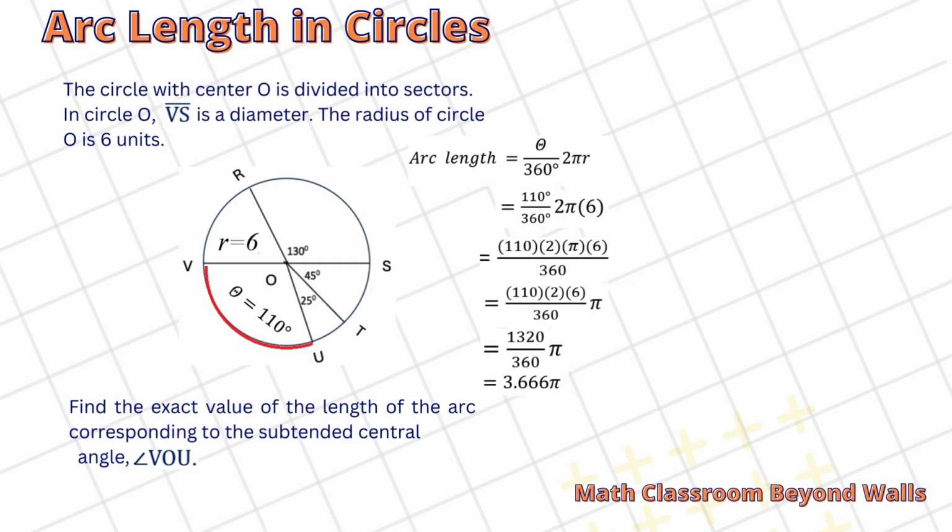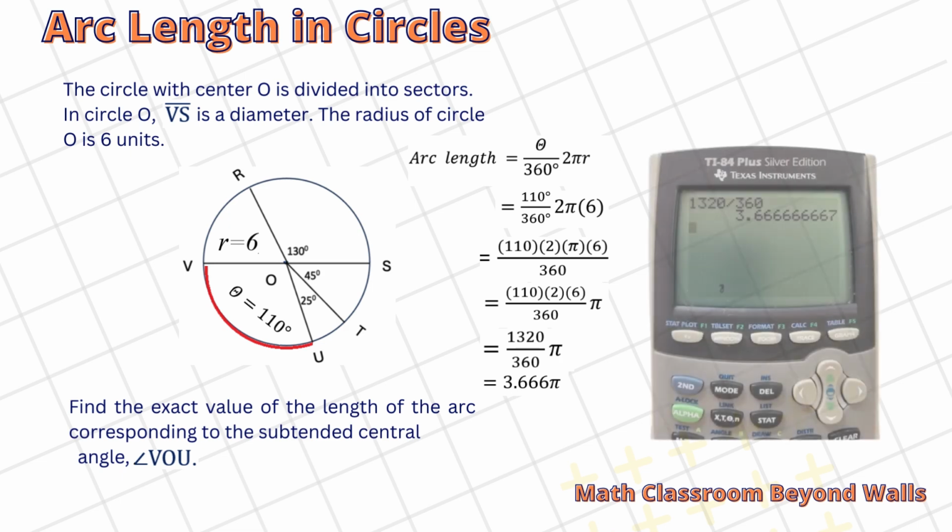Remember that we are to write the answer in exact form. We are not to round the number. To change this to the desired exact value, we will use a calculator. We will leave the pi for now and just deal with the numerical part first. This is what we have in the calculator now, 3.6666.